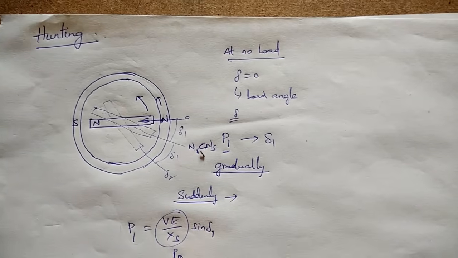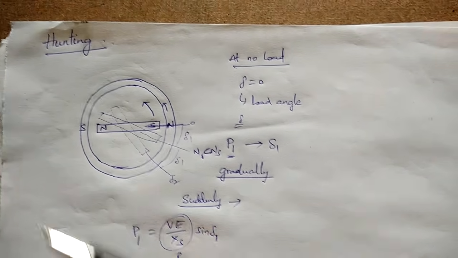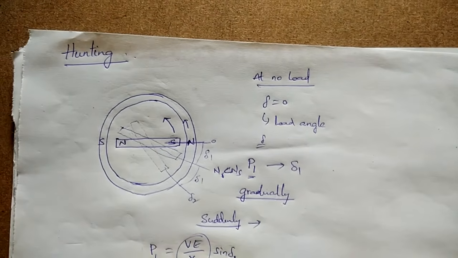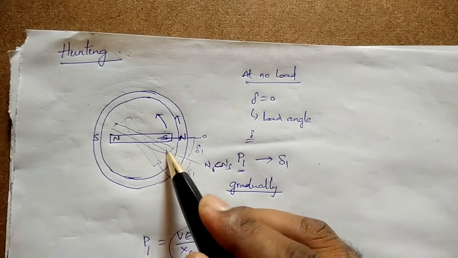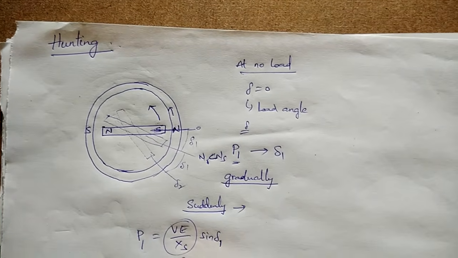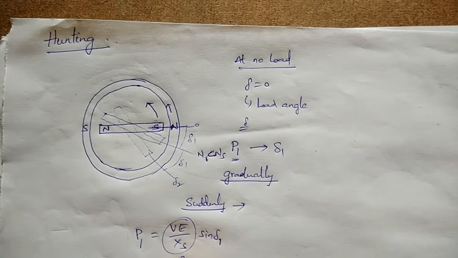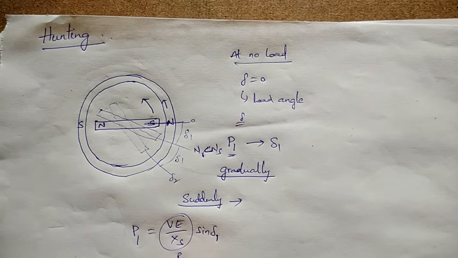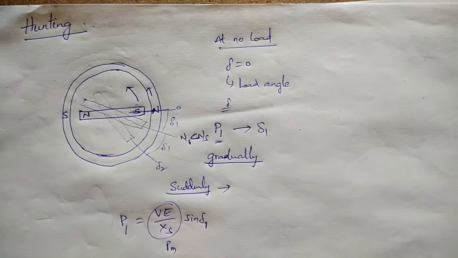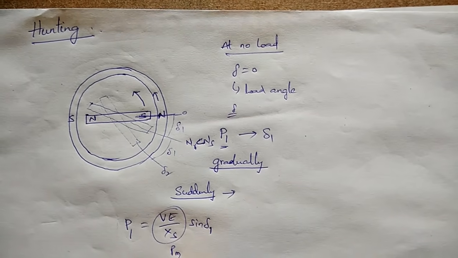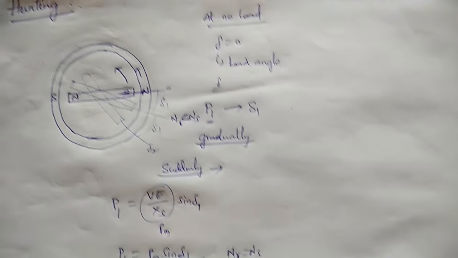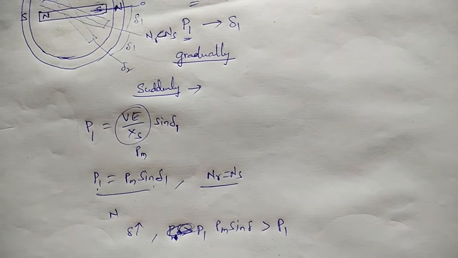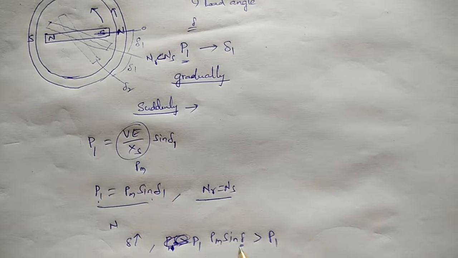Because of that, it will try to come to position delta 2. If it is coming like this, delta will increase. When delta increases, power input increases more than the load. Power input means Pm sine delta, so Pm sine delta is greater than P1, because the angle is increasing.